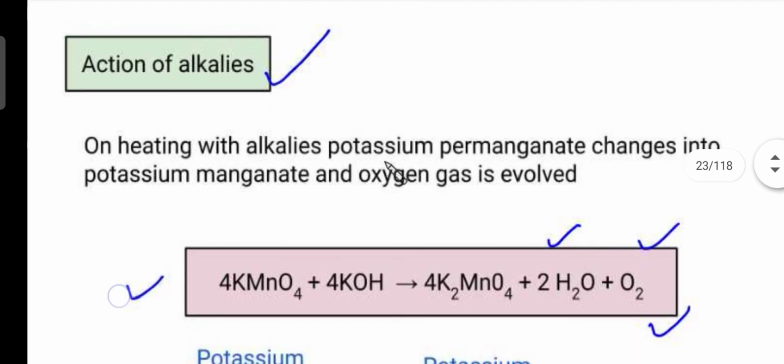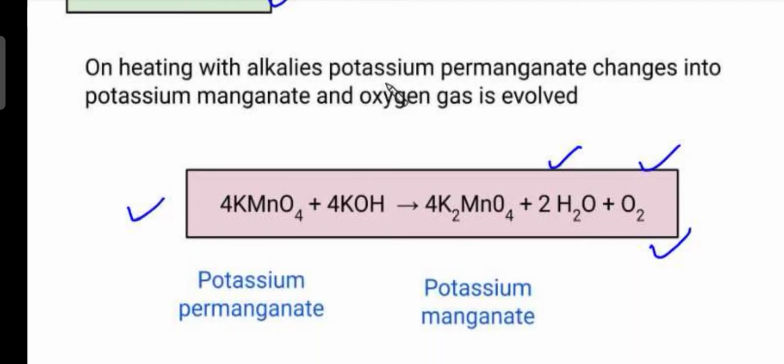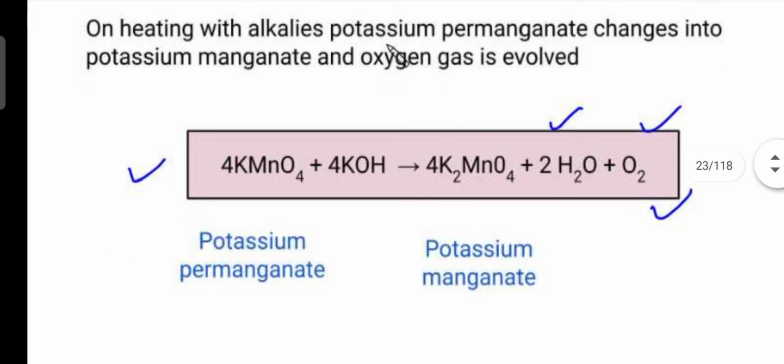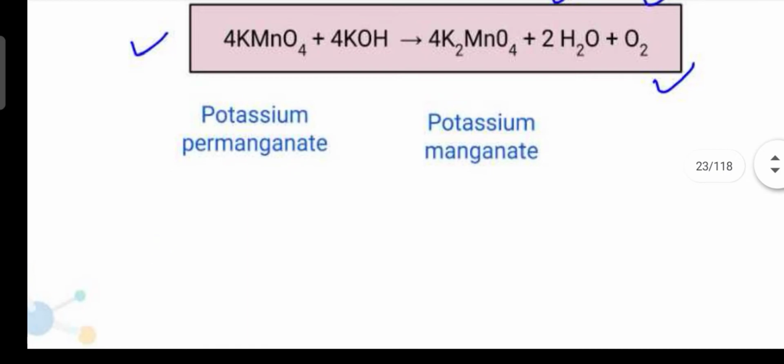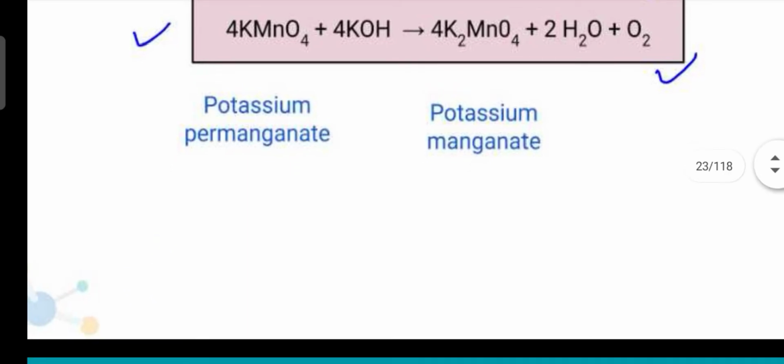Action of alkalis: when any alkali like KOH reacts with KMnO4, it will give us K2MnO4 plus 2H2O plus O2. K2MnO4 is potassium manganate. The same thing we discussed when we were studying dichromate. Dichromate is formed from potassium chromate, and when we react potassium dichromate with any alkali, we will again get potassium chromate.